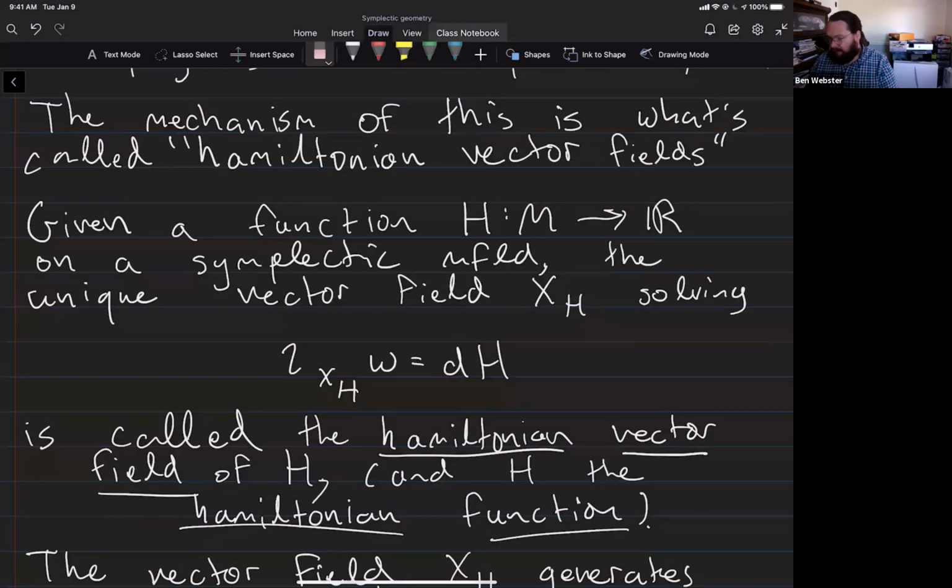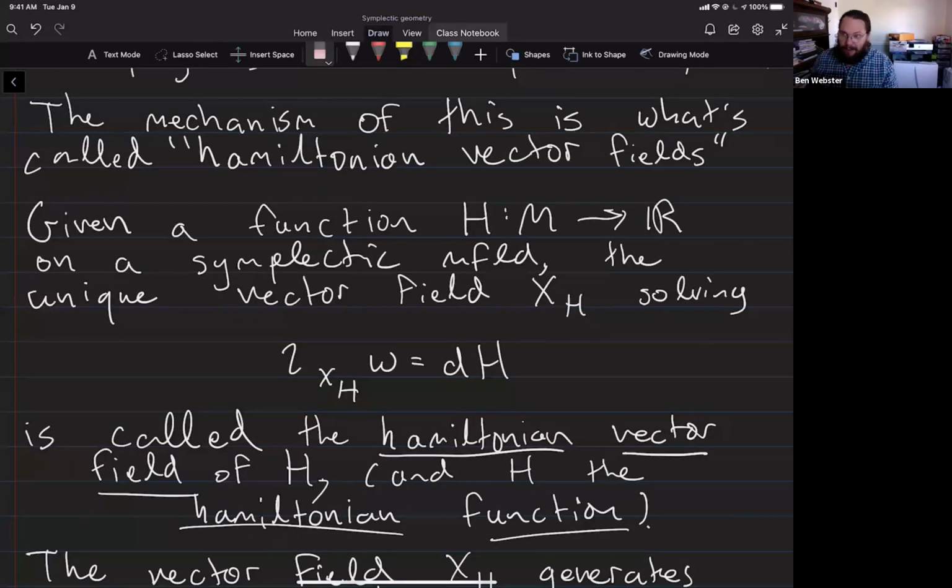So if I have a function on a symplectic manifold, and in classical mechanics this would be the function of total energy, kinetic plus potential energy, which is often called the Hamiltonian function, and thus called H. But in this example, it doesn't have to have anything to do with classical mechanics.